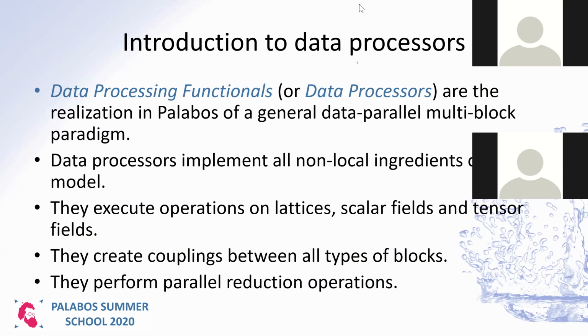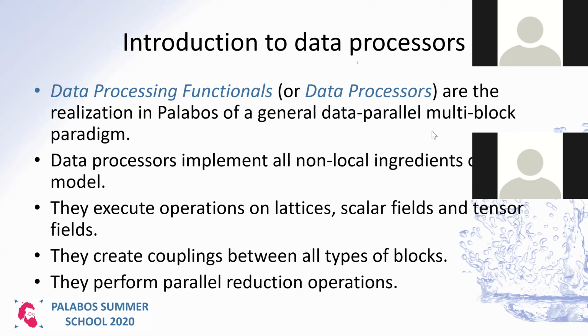So we call them data processing functionals, and data processors for short. They are the realization of a data parallel paradigm. That means you have your data sets, which are scalar fields, vector fields, block lattices, and there's an operation which you would like to execute in a data parallel manner.